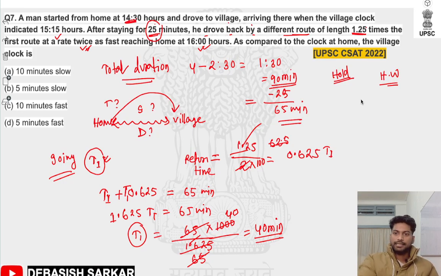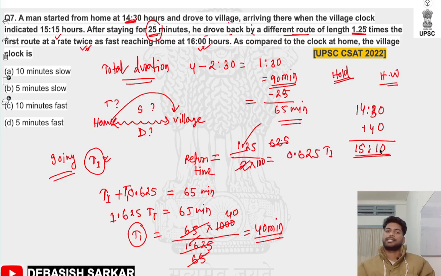Now check, he left home at 14:30 and he took 40 minutes. So it means he reaches the village by 15:10. But the village watch shows 15:15, and the question was as compared to the clock at home, how slow was the village.